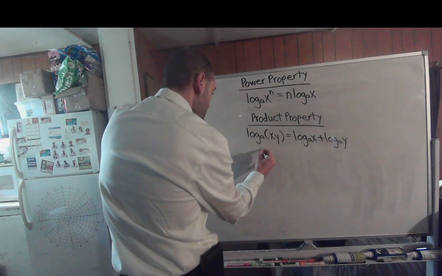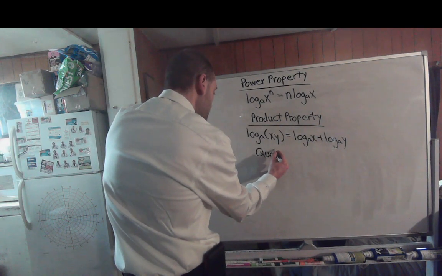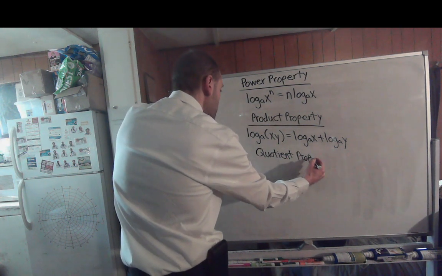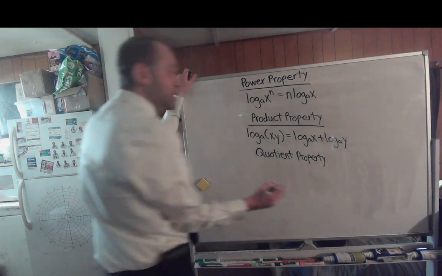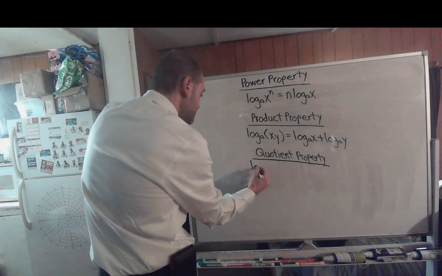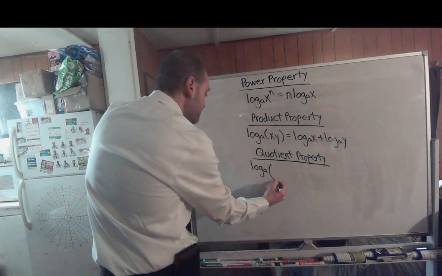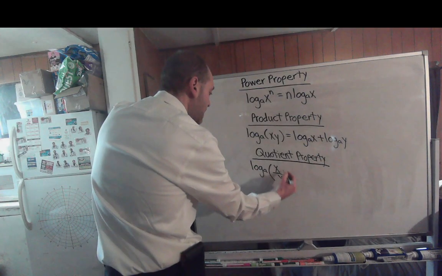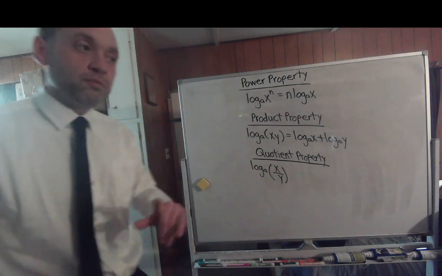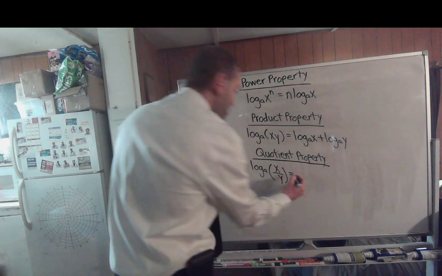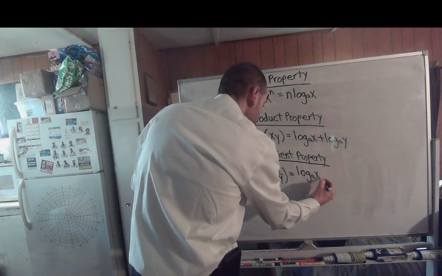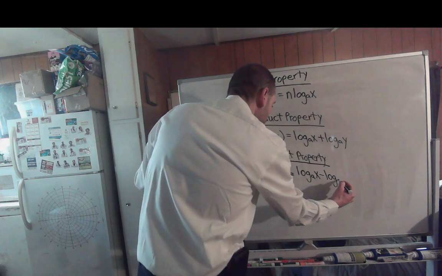And then we also have a quotient property, which all three of these are going to come into play in the subsequent exercises we're going to do. So let's say I have log base a of the quantity of x divided by y. Well, the quotient property of logarithms states that I can take that log base a of x minus log base a of y.